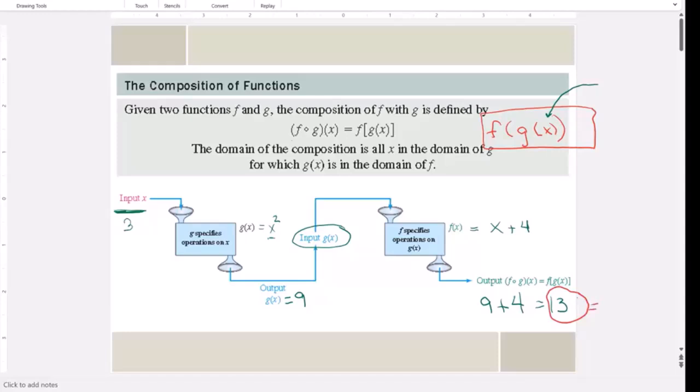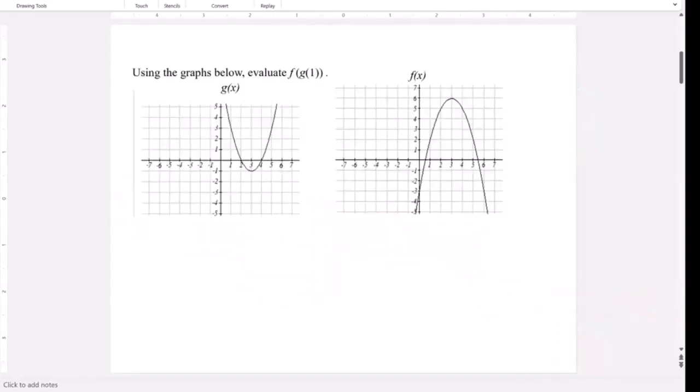This would be f of g of x. Notice it always goes through the inside function first, which is my first function, and then after that, it goes through the outer function, which is my f of x function. Sometimes visuals help. So there you have it.